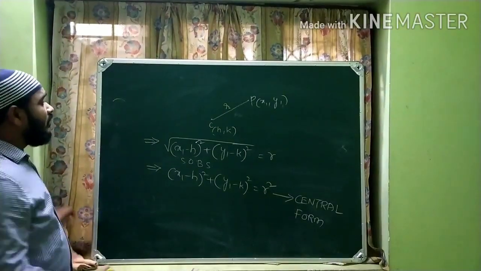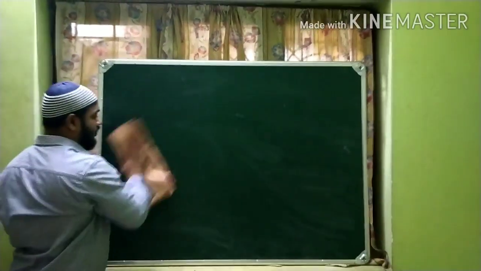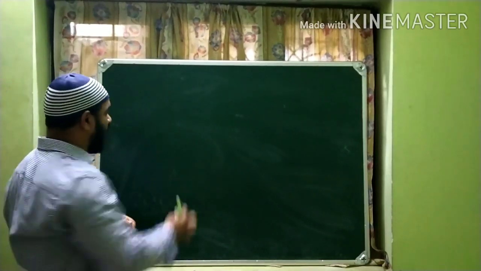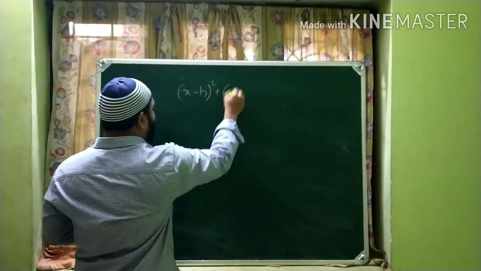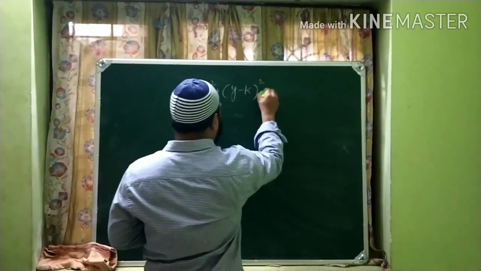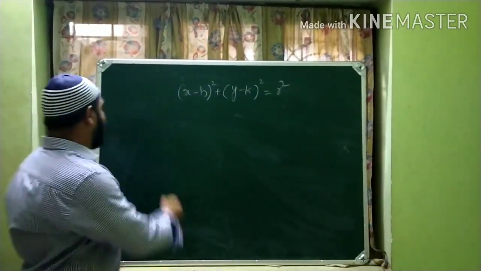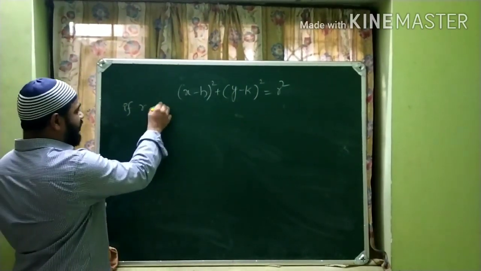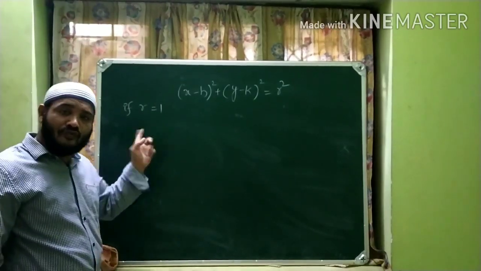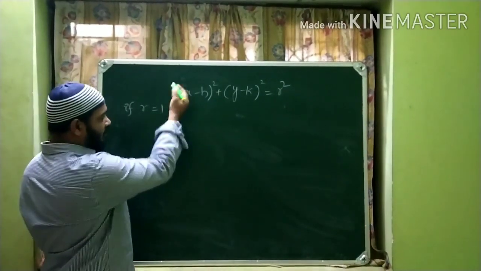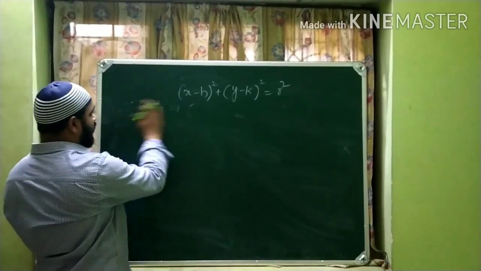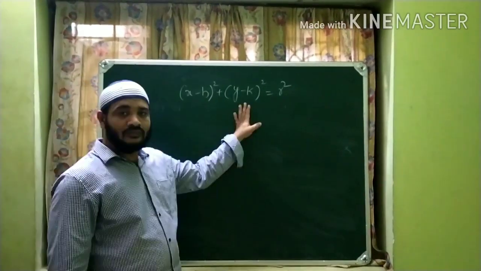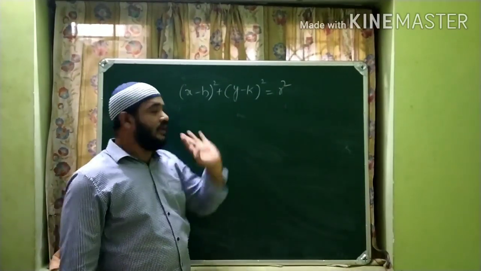Now let us take (x minus h) whole square plus (y minus k) whole square equals r square. If r is equal to 1, if the radius is 1 unit, then let us see what will happen.